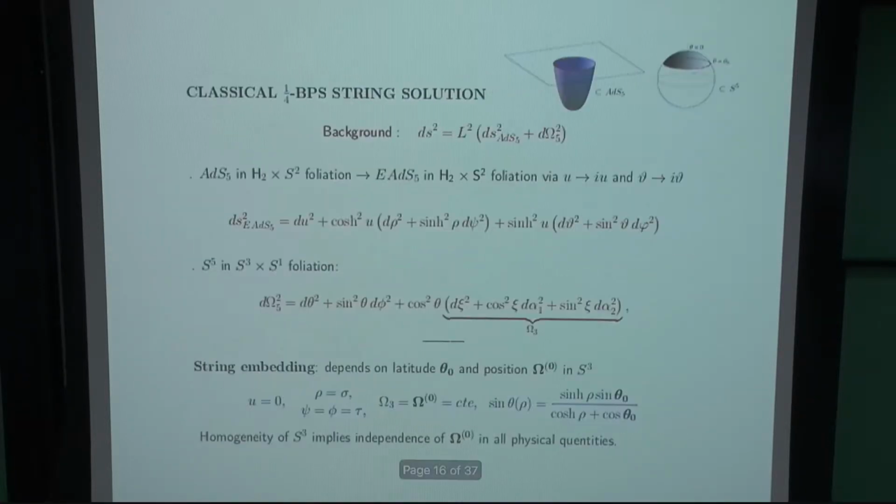Good. So let's go to the solution. We are looking at a solution which will be the 1/4 BPS Wilson loop, which will be a circle on the geometric space, a circle on the internal space, and we want to have a surface which enters into the bulk and caps on the 5 sphere.